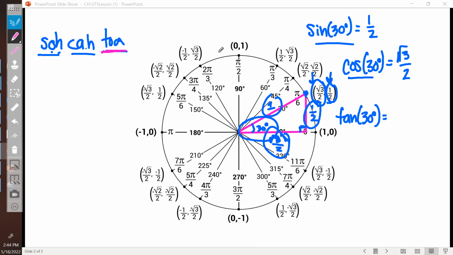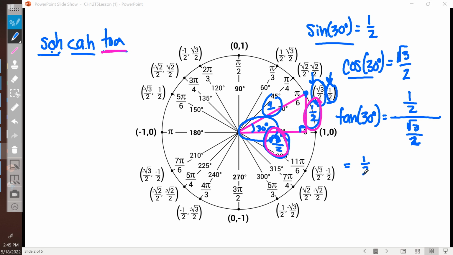TOA: opposite, 1/2, divided by the adjacent side. So that's actually going to require a little bit of work. We have 1/2, the opposite side, over the square root of 3 over 2, which is the adjacent side. Since we're dividing fractions, we can convert to multiplication.